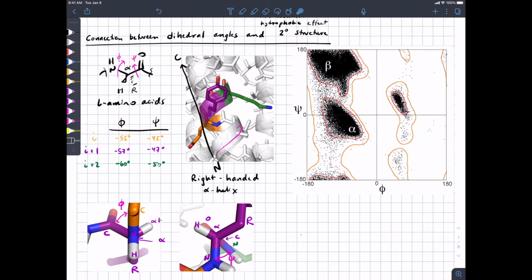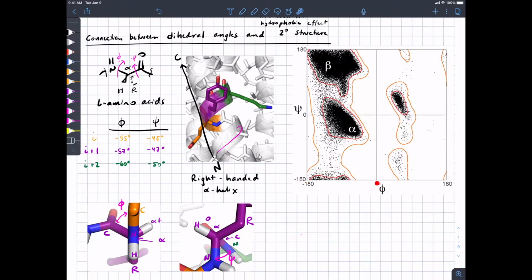And then we looked at this Ramachandran plot where each of these dots represents an individual amino acid in a protein structure, of the thousands and thousands of examples that there are. We're plotting the phi-psi values there, and you can see they cluster in specific areas of this plot.